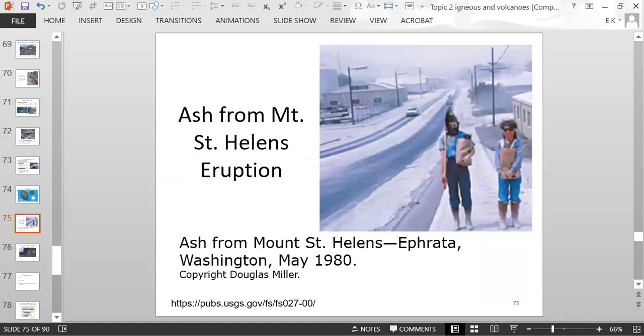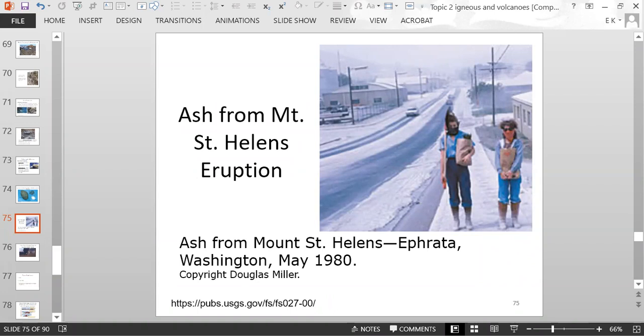And here is a photo of ash covering all of this area in Washington State following the eruption of the Mount St. Helens volcano. And that happened in May of 1980. So it looks like snow, but it's not. It's all ash. It's volcanic ash. And you could see here they're wearing masks, which today is not so uncommon for us because of COVID.